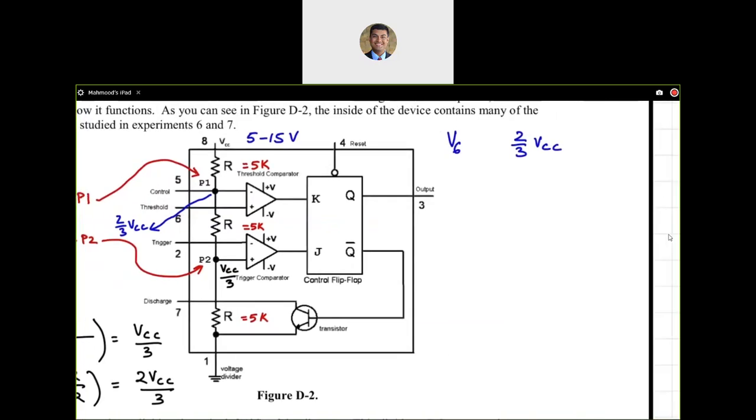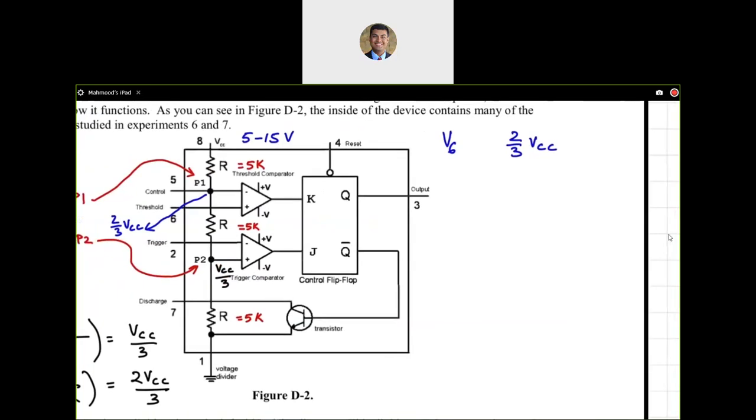So how can you have the comparison? Well, you can have two situations. V6 could be greater than 2/3 VCC, or V6 could be less than 2/3 VCC. So if V6 is greater than 2/3 VCC, what would happen? In that case, because the non-inverting terminal is greater than the inverting terminal input, my op amp is going to saturate high, whatever plus V is connected to.